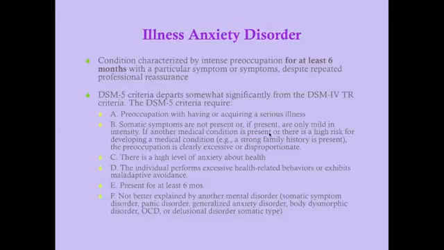If another medical condition is present, or there's a high risk for developing one, let's say they're really obsessed with developing breast cancer, and they're coming in every 2 months because they feel like they're experiencing a breast mass, or they feel like they need another mammography. Even though they may have a family history, the preoccupation has to be excessive or disproportionate to their current state.